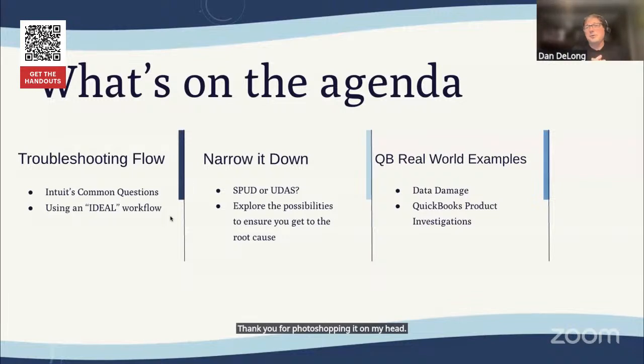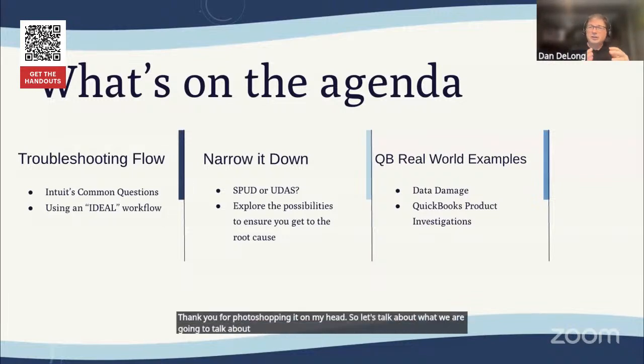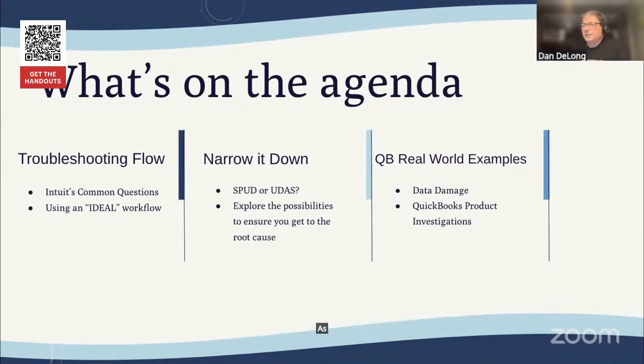So let's talk about what we are going to talk about today. We'll talk about the troubleshooting flow, and using an ideal workflow as an acronym that Intuit instilled upon folks like myself that did work there, and we'll break down what that actually stands for.